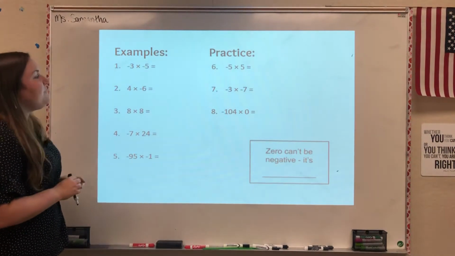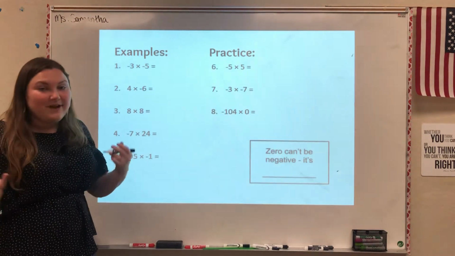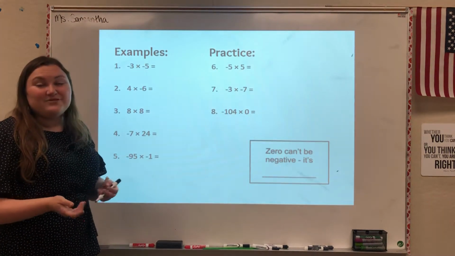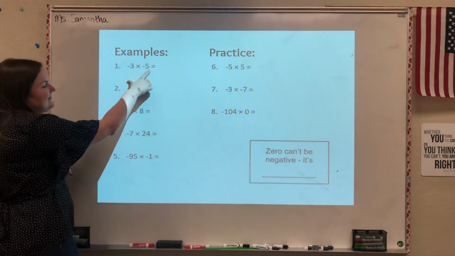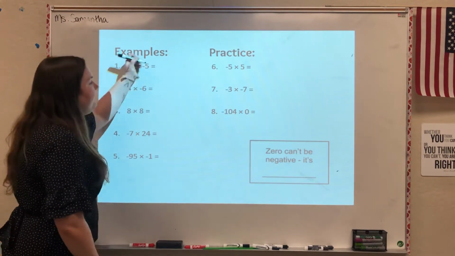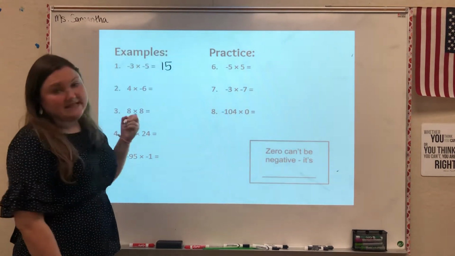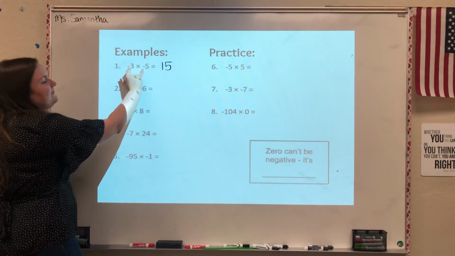Looking at the first one, we've got -3 times -5 equals what? One of the things you can do is just focus in on the numbers and do the math with the numbers first. So if I see this, I might say to myself, well, I know 3 times 5 is 15, and then afterwards I would look at the signs. We've got a negative times a negative.